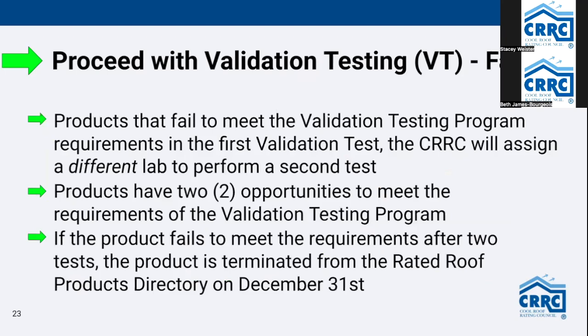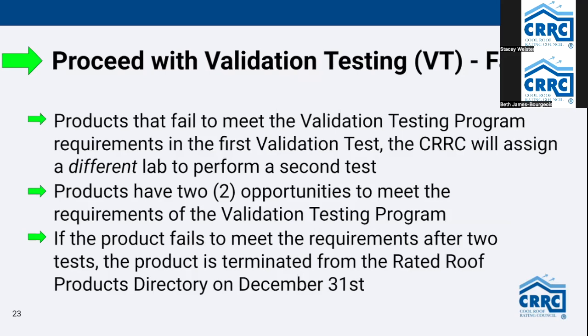If a product fails to meet the VT program requirements in the first test, the CRRC will assign a second lab to perform a second test following the same procedures that were just discussed. Products will have 2 opportunities to meet the requirements of the VT program, and if the product fails to meet the requirements after 2 tests, the product is terminated from the directory on December 31st of the year that the product was due for validation testing.